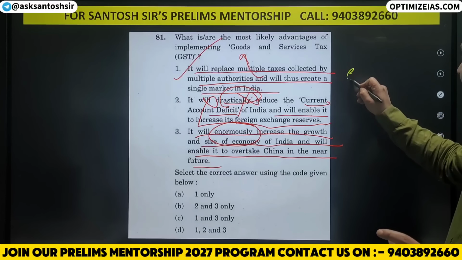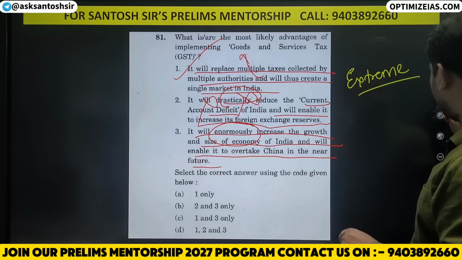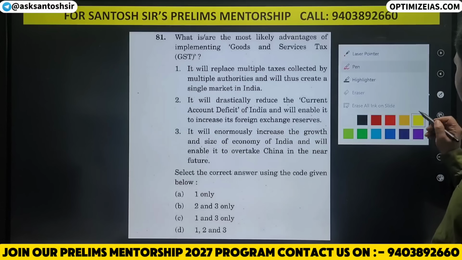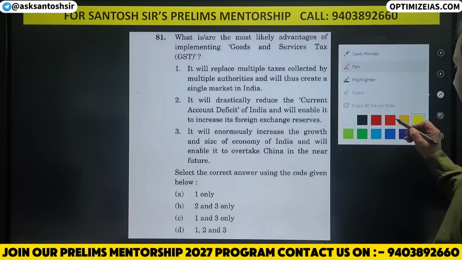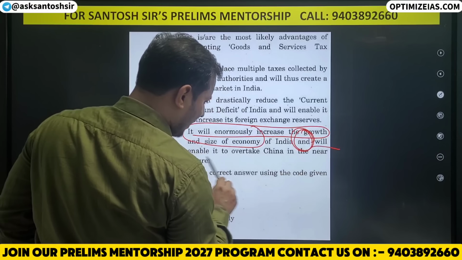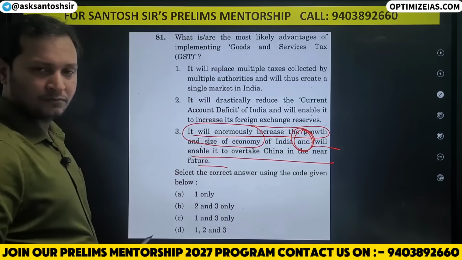Okay. Also guys, in the second statement there is another technique which you can apply. What is that technique? Here you can see the statement is adding two things. It will enormously increase the size of Indian economy and will overtake China in the near future.